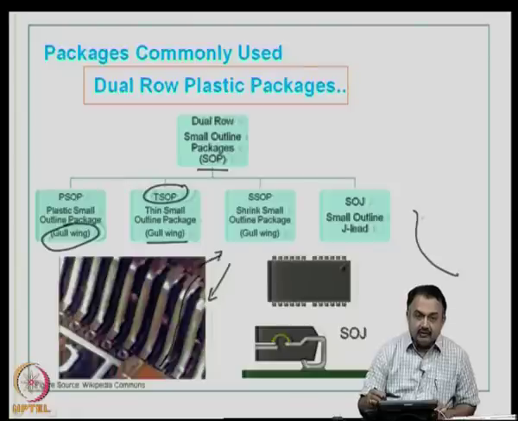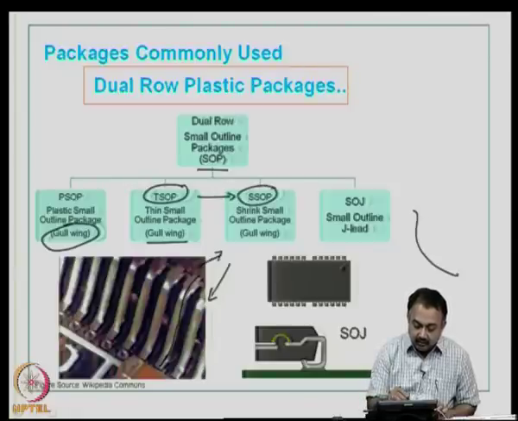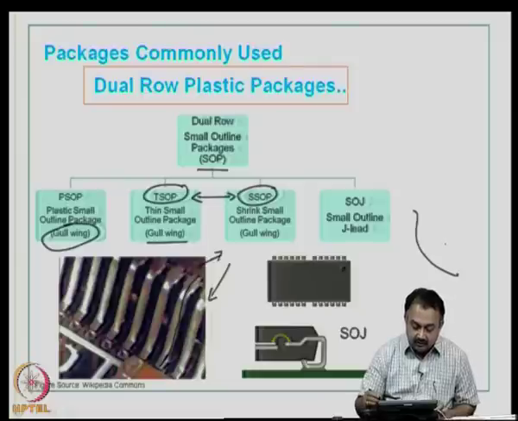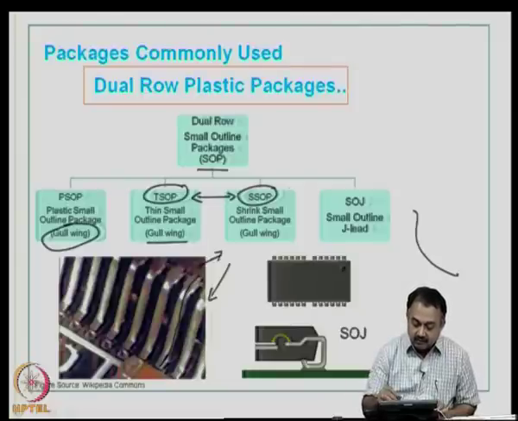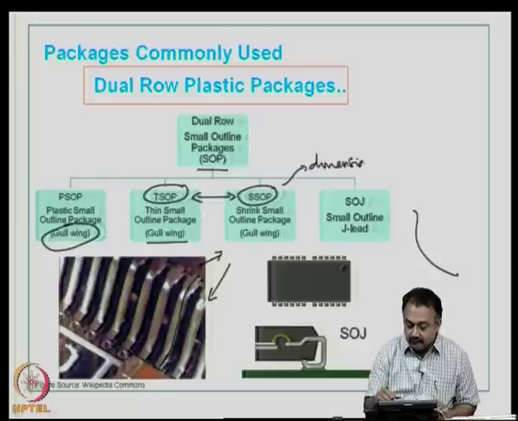So, you have to really look at the data sheet in order to exactly look at what is the basic difference between a thin small outline package and a shrink small outline package in terms of the dimensions or the thickness specific to the manufacturer.